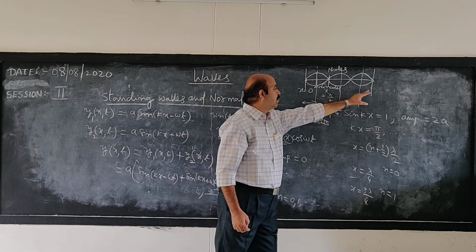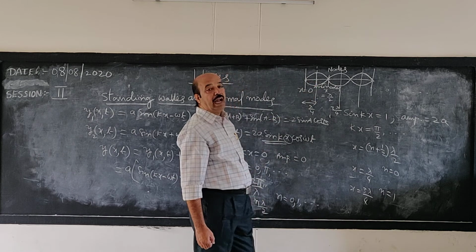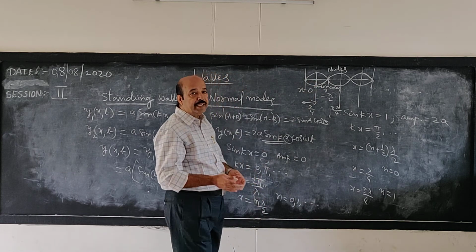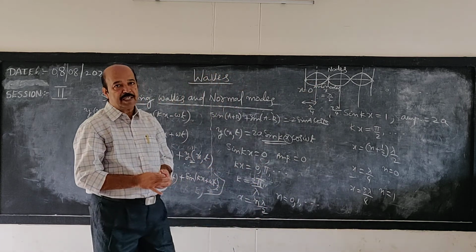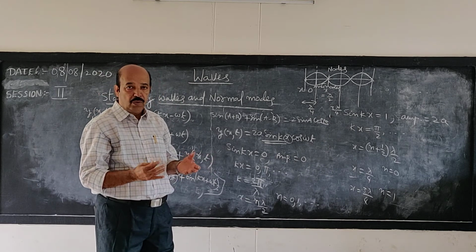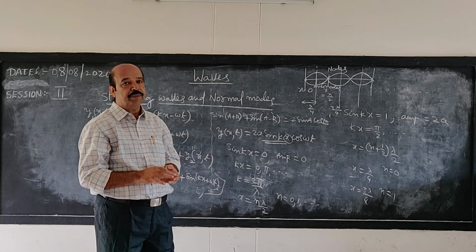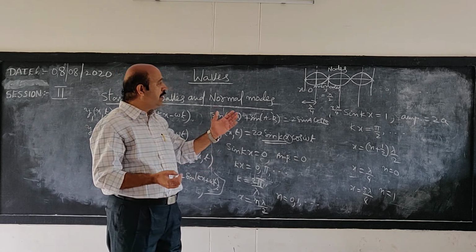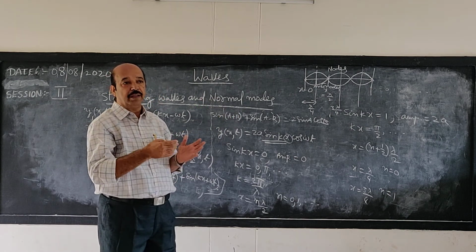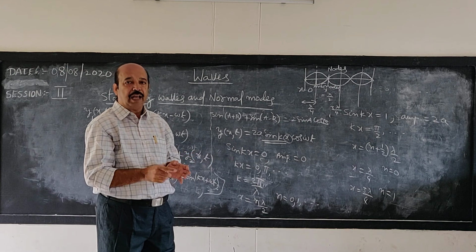So they will always be nodal points, and in between we will have antinodes. The points with maximum amplitude in the stationary waves are called antinodes. Those with the minimum amplitude are known as nodes. In between the nodes and antinodes, the different particles will be oscillating with different amplitudes.